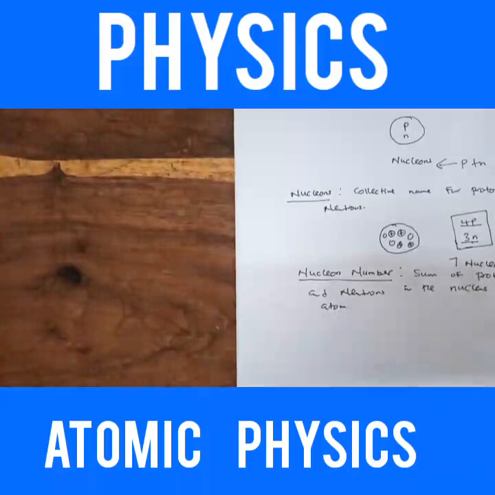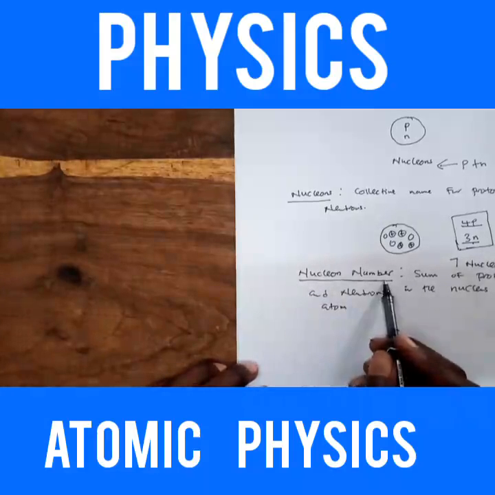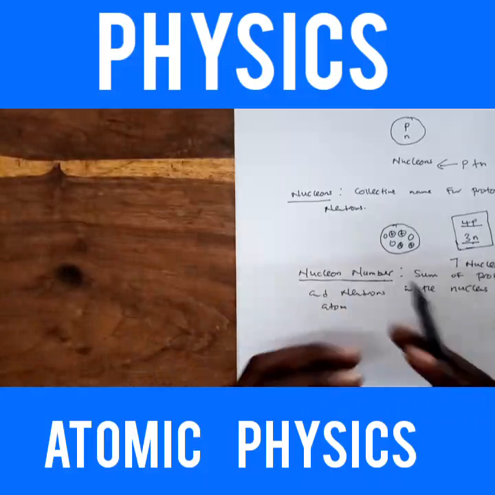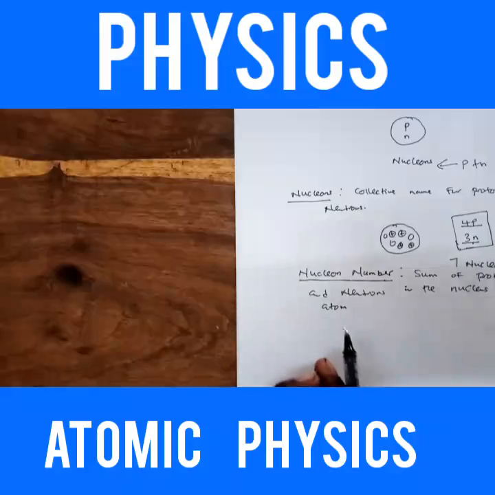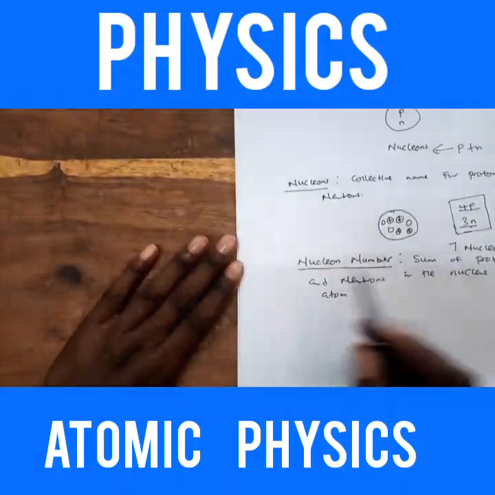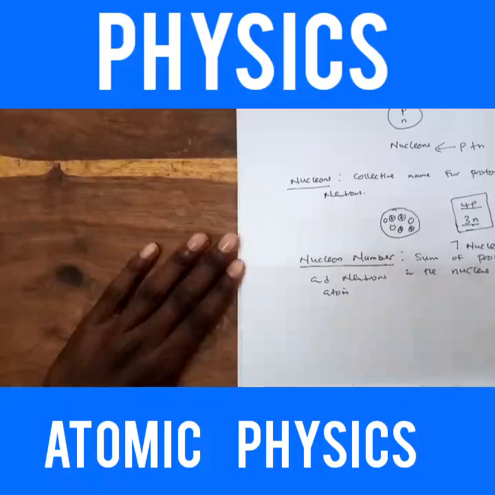So the sum of protons and neutrons in the nucleus of an atom gives me the nucleon number. Nucleons is the collective name for protons and neutrons. So the nucleon number is the number of nucleons. What are nucleons? Protons and neutrons. So nucleon number is simply the sum of protons and neutrons in the nucleus of an atom.